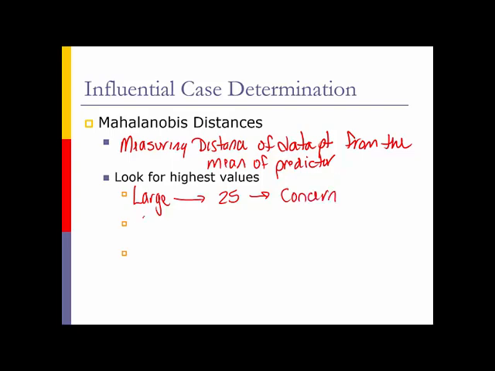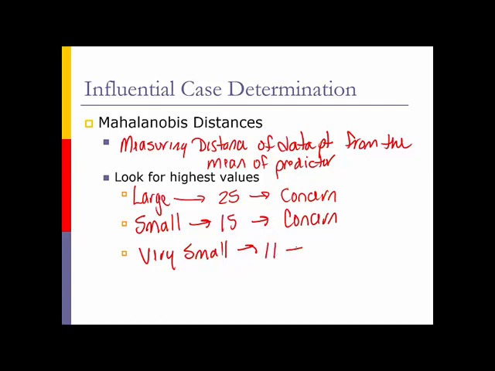If you've got a small sample size, values of 15 are a concern, and with a very small sample size, values greater than 11 are a concern.